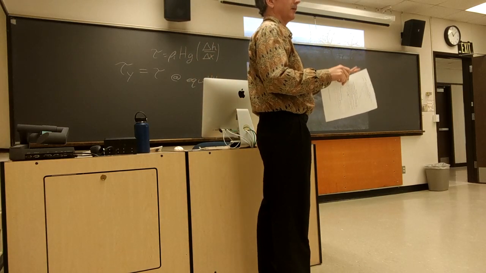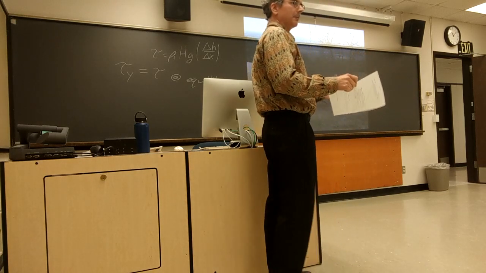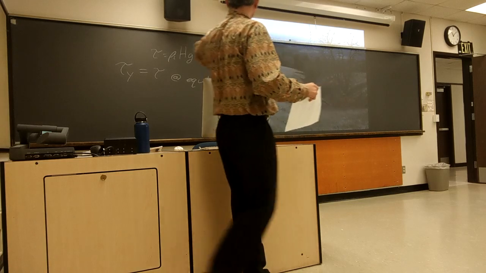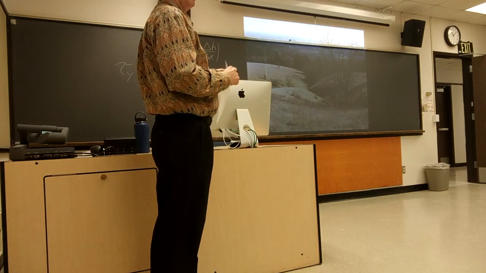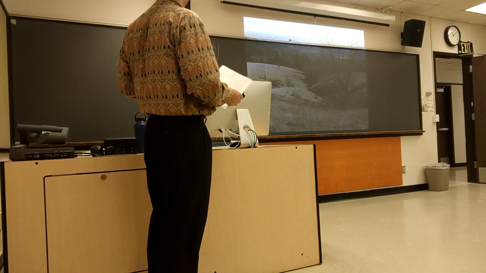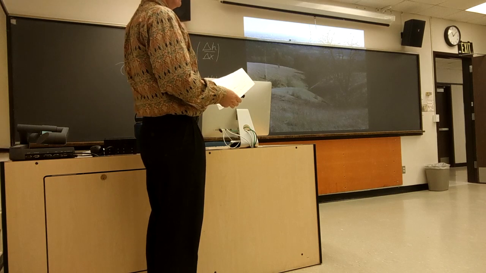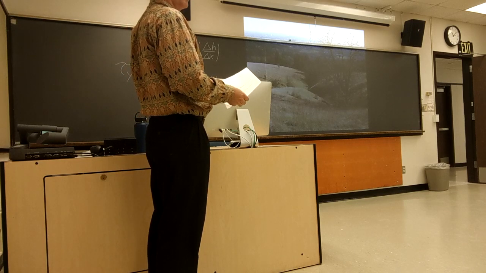It's somewhat of an idealized approximation that we're making when we write that equation. But what it implies is simply that we are using the fact that at this certain condition, the shear stress is equal to the strength.